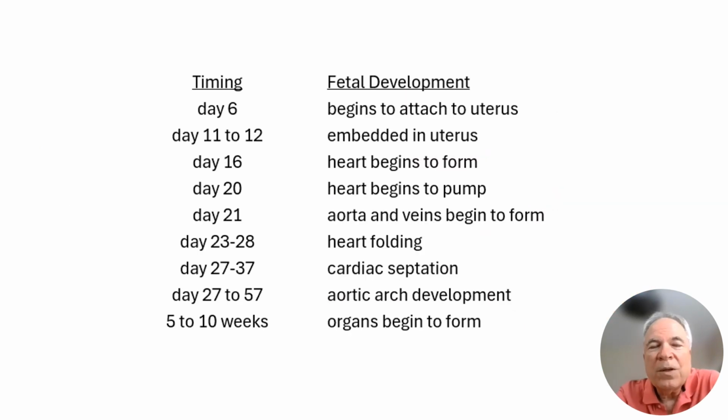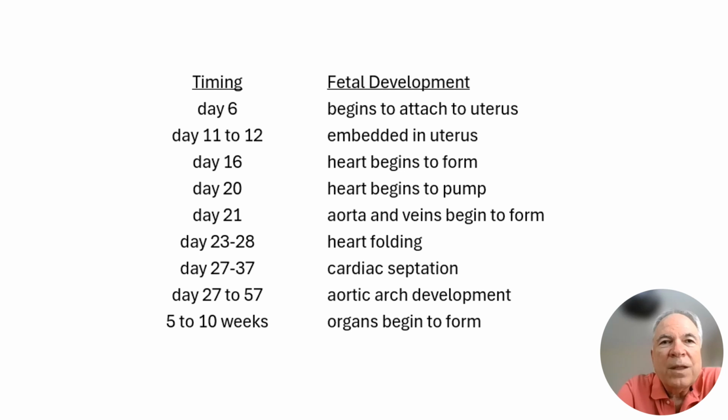So just to give you an overall view of fetal development, we just talked about attaching: the blastocyst attaches to the uterus, and then it's finally embedded in the uterus with some connections for blood flow. The heart begins to form at day 16 and begins to pump at day 20; these are days after fertilization.